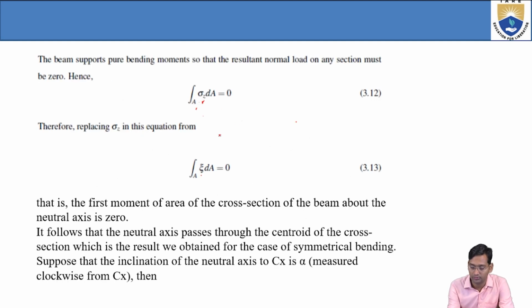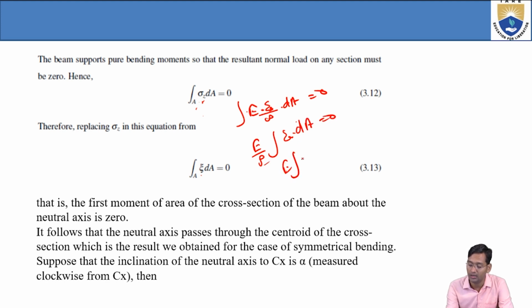So put it here: the integral of E into zeta by rho into dA equals 0. E by rho is constant, so take it out of the integral: E by rho times the integral of zeta dA equals 0. Cross multiplying, the integral over A of zeta dA equals 0 by E.